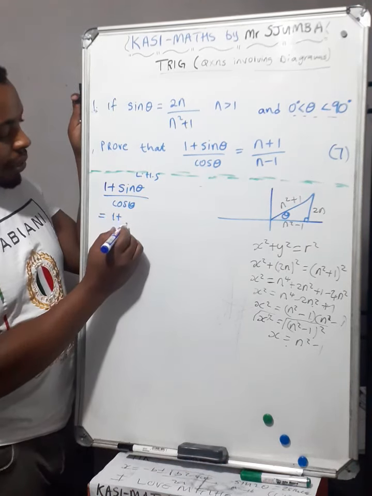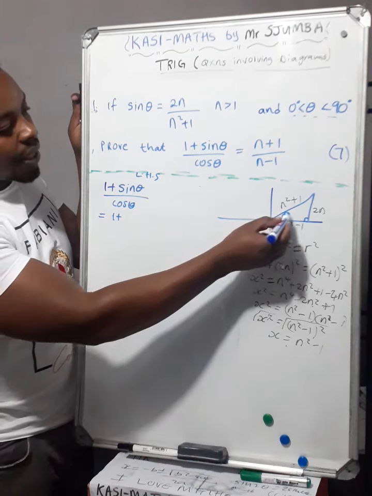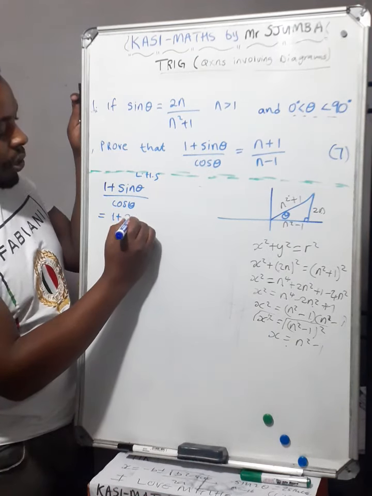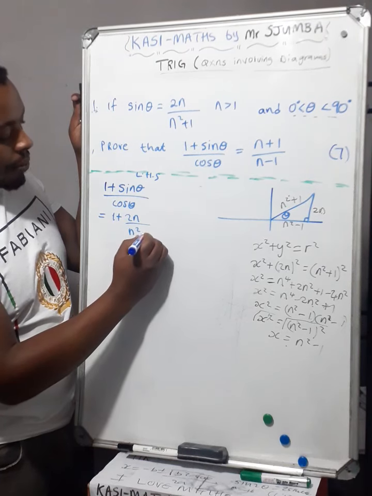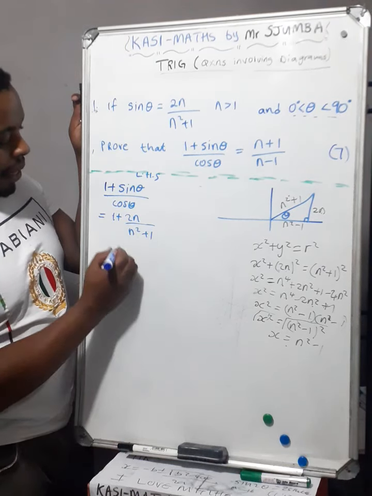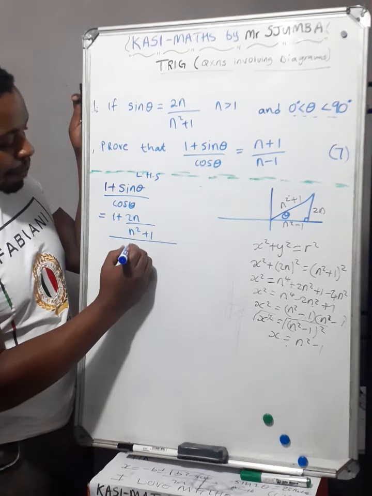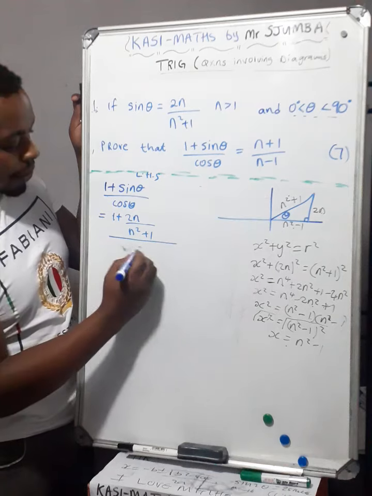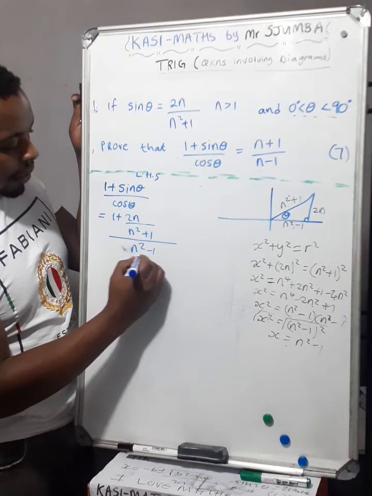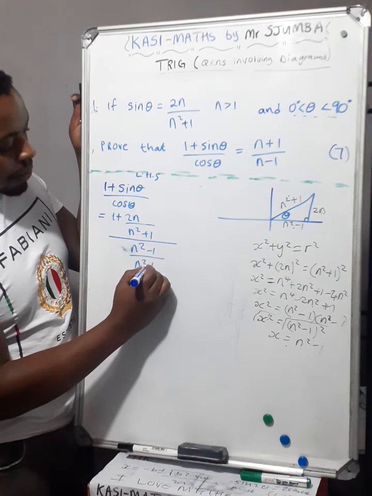Sine is opposite over hypotenuse, so 1 plus 2n over n squared plus 1, divided by cos, which is adjacent over hypotenuse, so n squared minus 1 all over n squared plus 1.